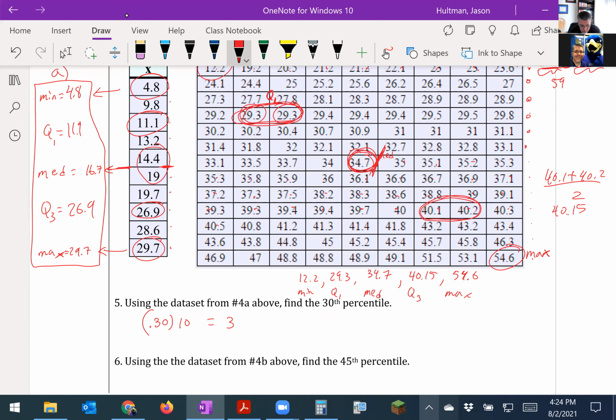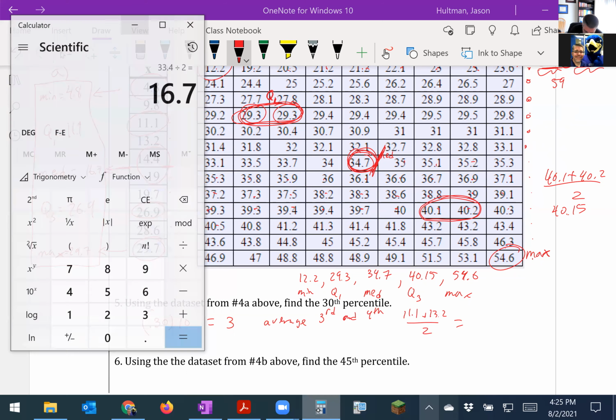And remember, when we got a whole number, we did the average of the third and the fourth number. So that's going to be 11.1 and 13.2. So 11.1 plus 13.2 over 2.